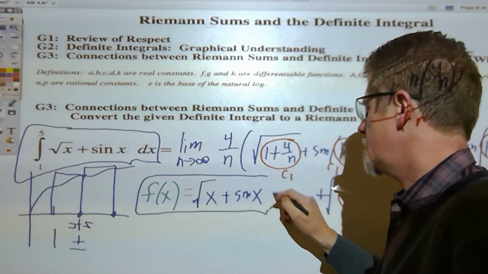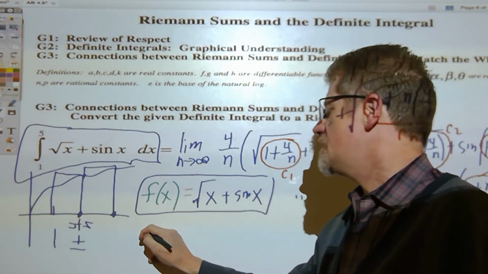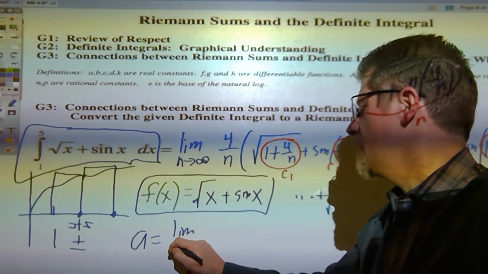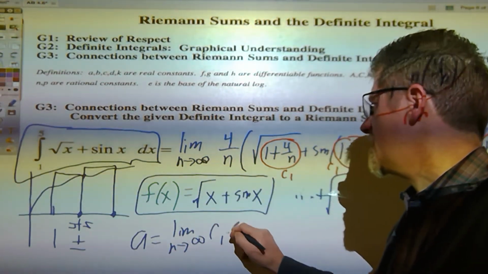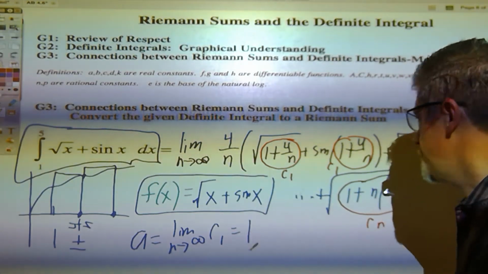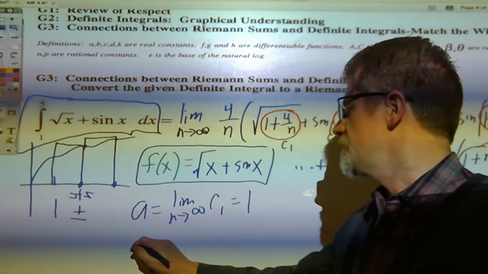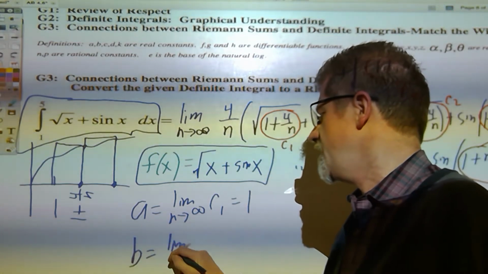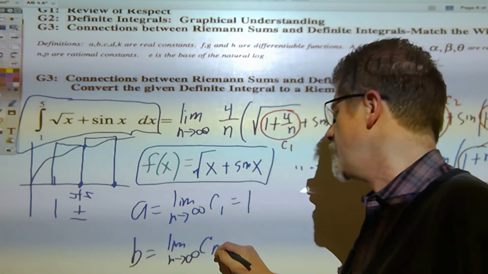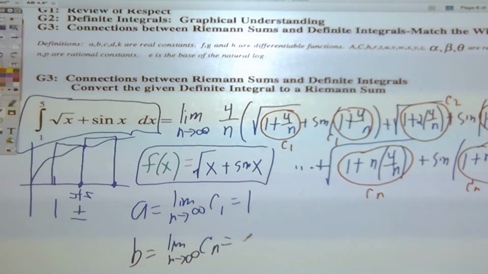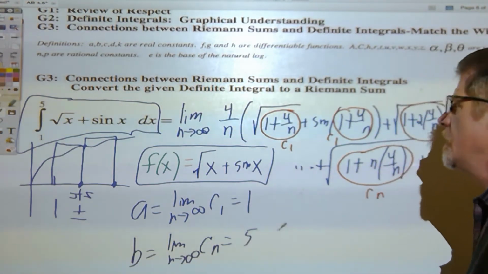So that is the function. To find a, you take the limit as n approaches infinity of c1, which in this case is 1. So the integral from a to b. A is 1. To find the value of b, take the limit as n approaches infinity of golf ball c sub n. And the limit as n approaches infinity here, the n's cancel, is 1 plus 4 or 5.